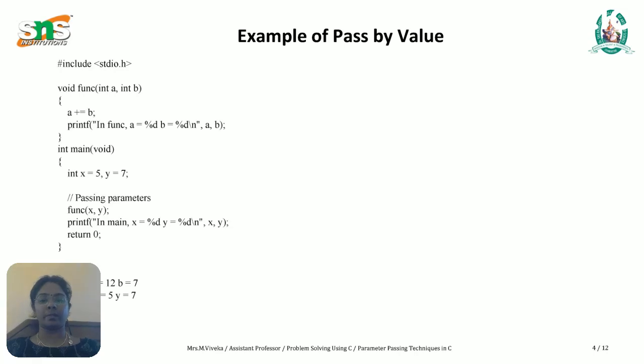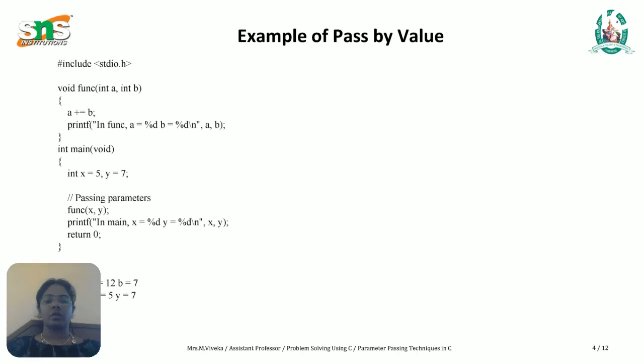The example given here is void function, int a comma b, so two parameters. Then a plus equal to b, which means a equal to a plus b. That code represents a plus equal to b meaning a equals a plus b. The two values are printed, and then in main there are two variables x and y.